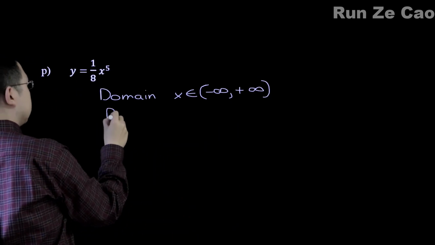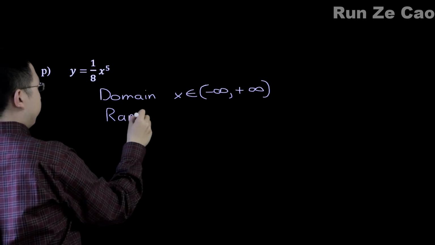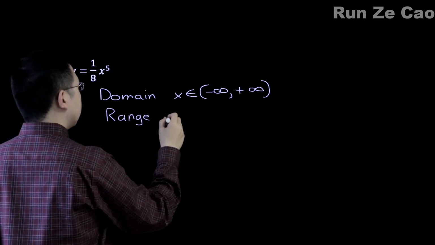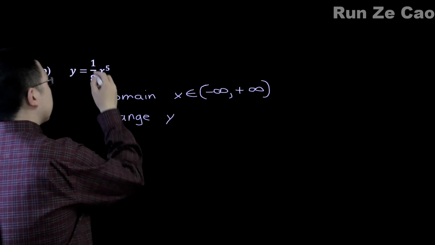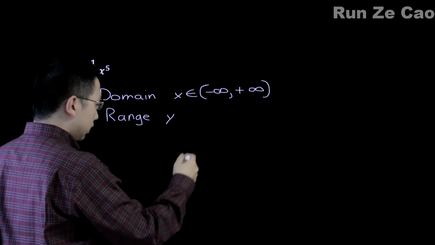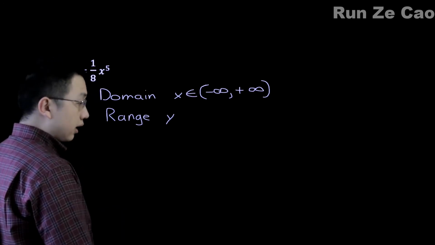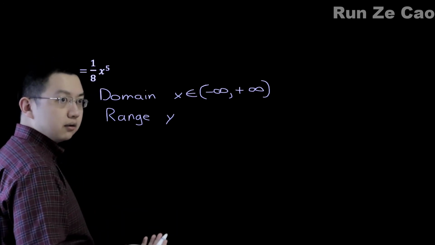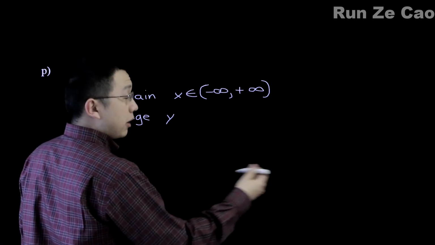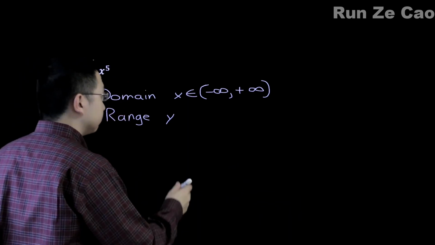So range is the same. I mean, it's 1/8 times x to the 5th. But when you get toward negative infinity for x, you get to negative infinity for y. Or toward, because you can never get to that. So it's for positive, same thing happens.